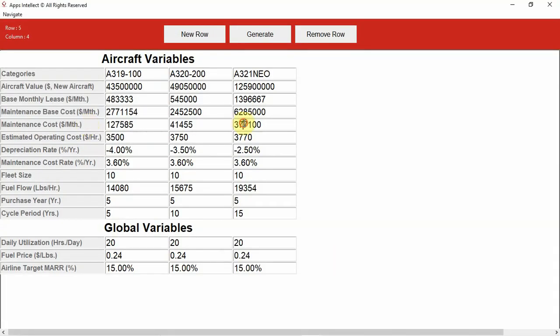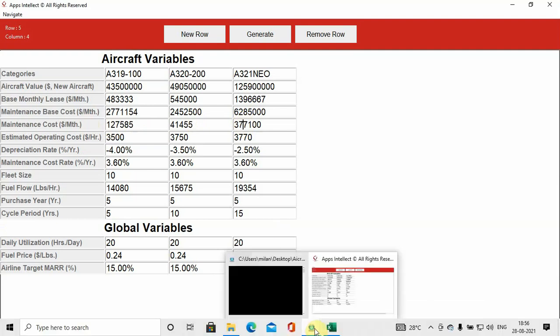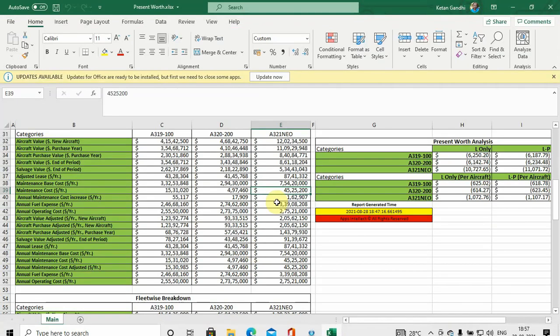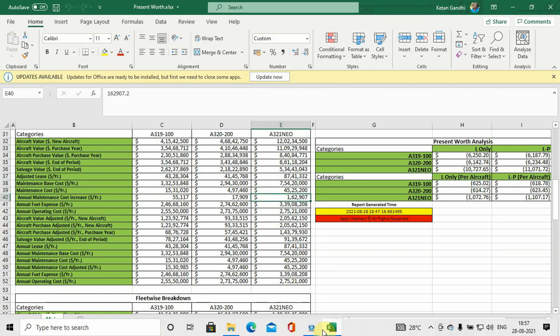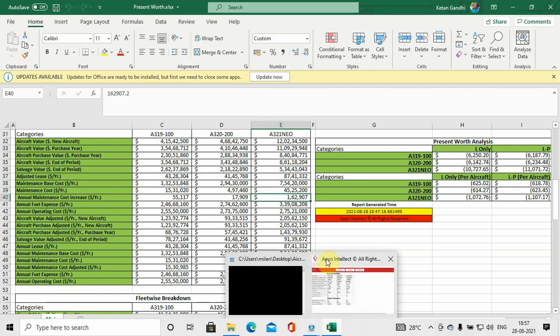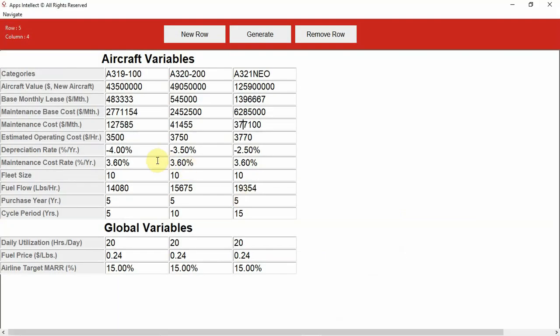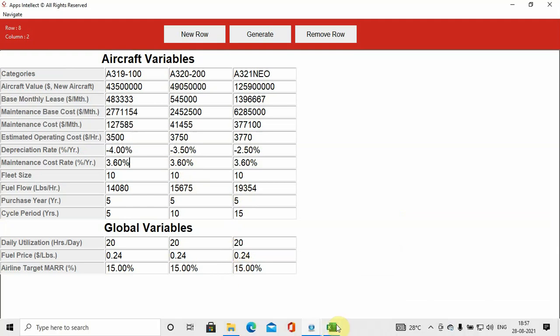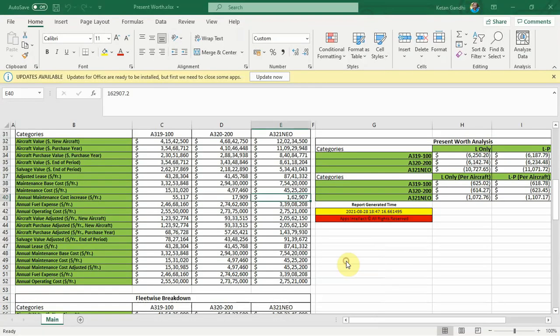So this is entered and multiplied by 12. So all the three aircraft fleet types we have got, but we're just focusing on A321 Neo. And then the annual maintenance cost increase, as we saw, we entered 3.6% annual increase, so that is adjusted out here.